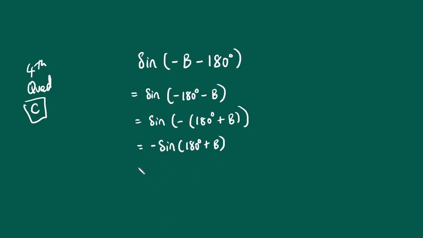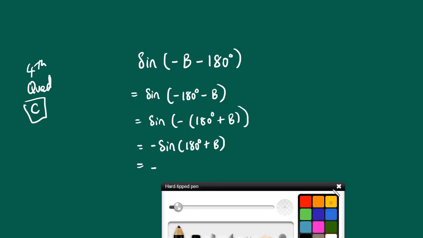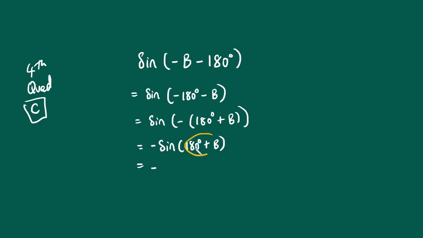Then from there, good people, the negative you write outside. Then you say, this quadrant 180 plus, which quadrant is that? Is it quadrant number 1, quadrant number 2, 3, or quadrant number 4? Indeed it is in quadrant number 3, and in quadrant number 3 it's only tan which is positive.